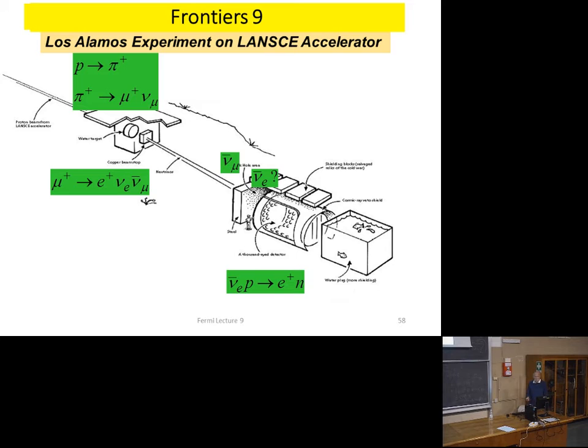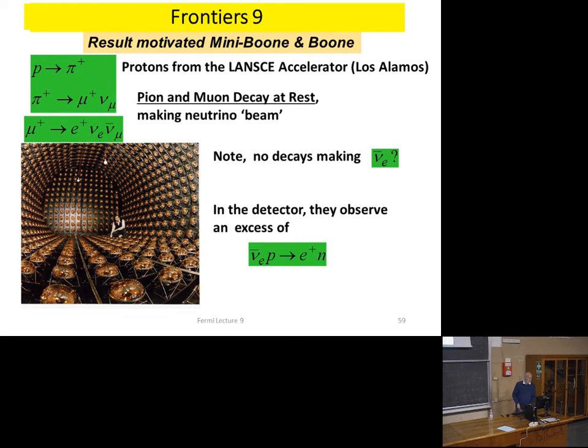And that muon, if you let it go through space, decays and makes new mu neutrinos, new e's, and positrons. So you make one neutrino here, and you make these neutrinos. And then you have a detector back here. That detector can be moved, or the interactions can be seen as a function of distance, and with that you can tell what the different neutrinos are.